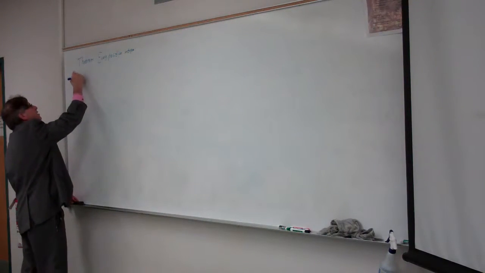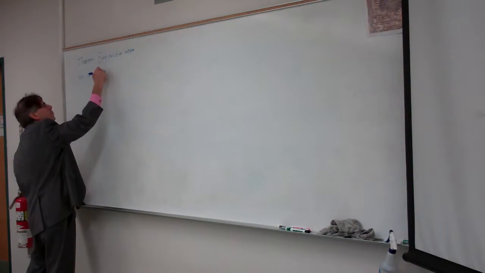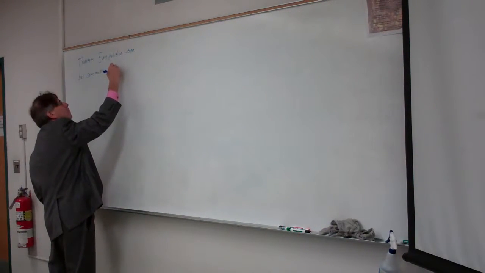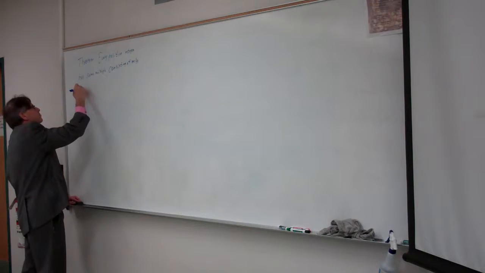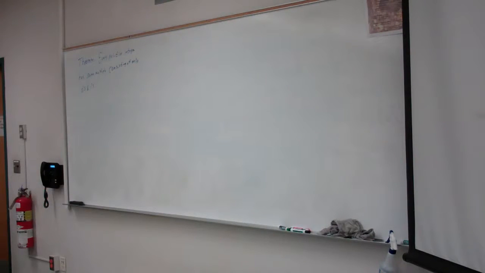Every positive integer has some multiple consisting of only zeros and ones. Pick any positive integer, you can find some multiple of that number that when you write it out in decimal, it's just a pattern of ones and zeros.